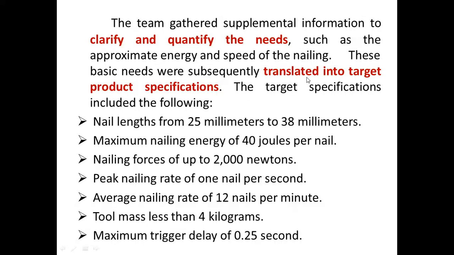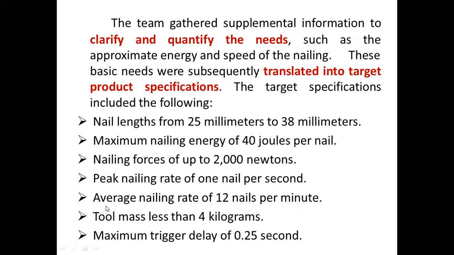So what are all the specifications required for the machine? Nail length from 25 millimeters to 38 millimeters, and maximum nailing energy of 40 joules per nail. Nail forces of up to 2000 newtons, peak nailing rate of one nail per second, average nailing rate of 12 nails per minute.